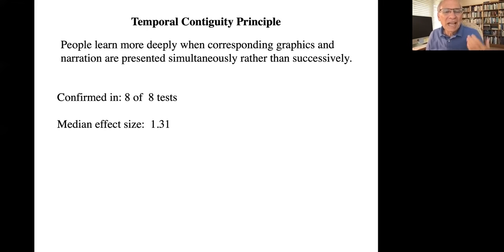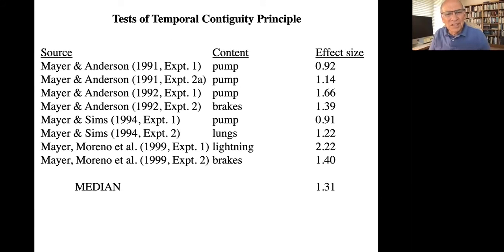So in 8 out of 8 experiments, people learn more deeply when corresponding graphics and narration are presented simultaneously rather than successively, with a huge effect size greater than 1. So when we can improve performance by a whole standard deviation, that's really eye-opening. And these are some of the studies that looked at that, some of our early studies actually.